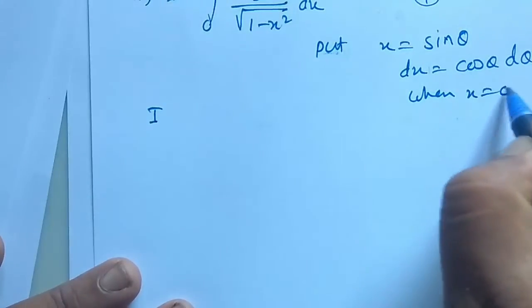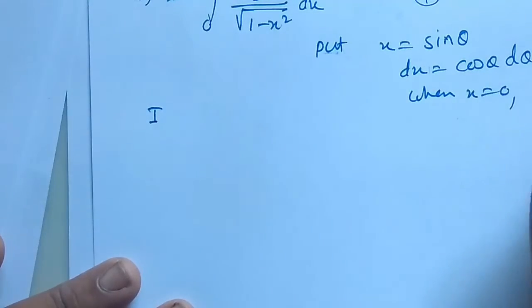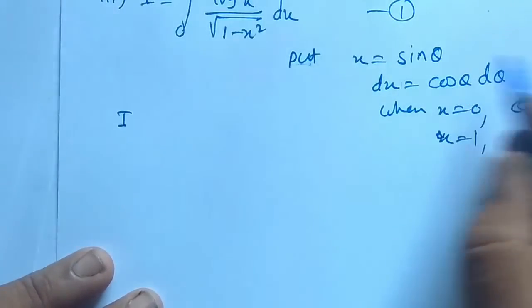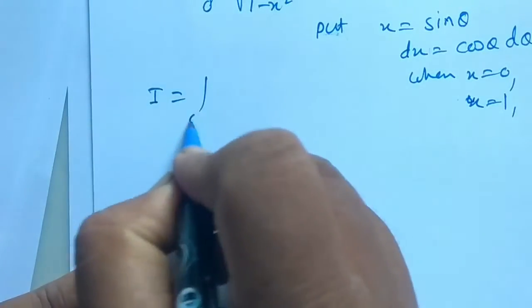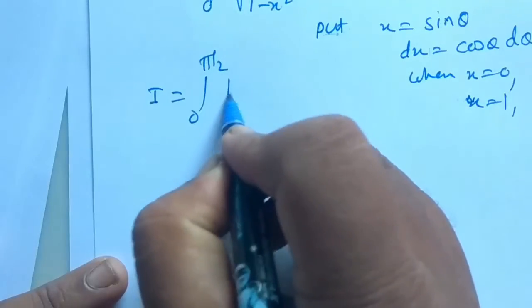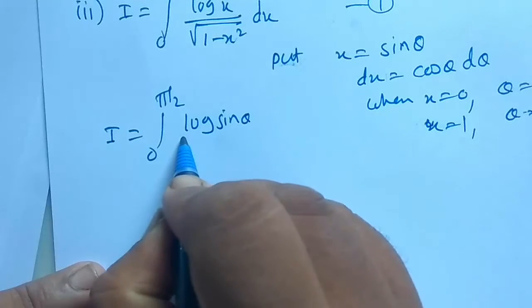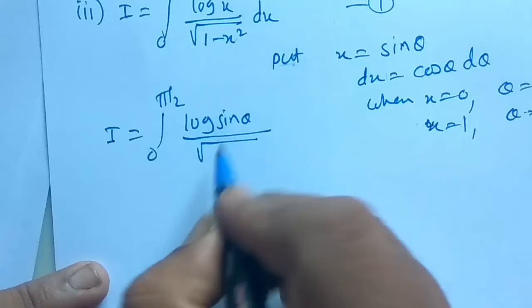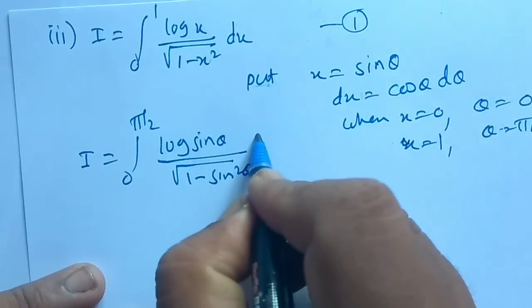When x is equal to 0, sin theta is equal to 0, therefore theta is equal to 0. When x is equal to 1, sin theta is 1, so theta is equal to pi by 2. So this is equal to the integral from 0 to pi by 2 of log of sin theta upon under root of 1 minus sin square theta, times cos theta d theta.